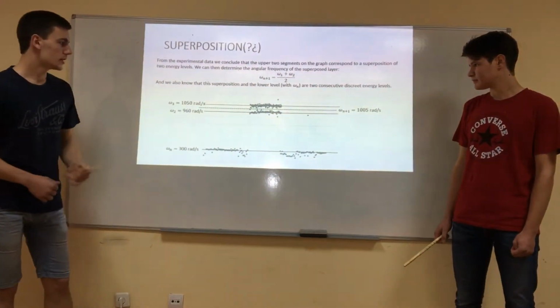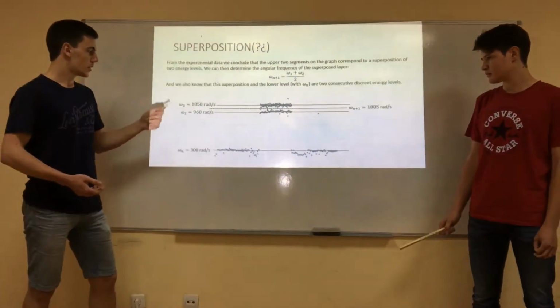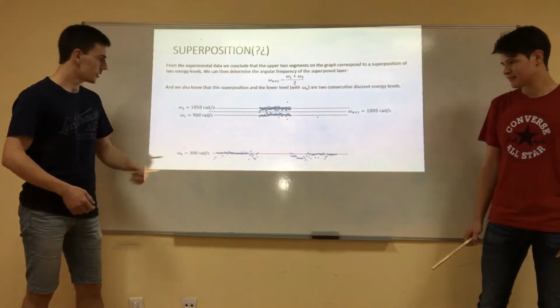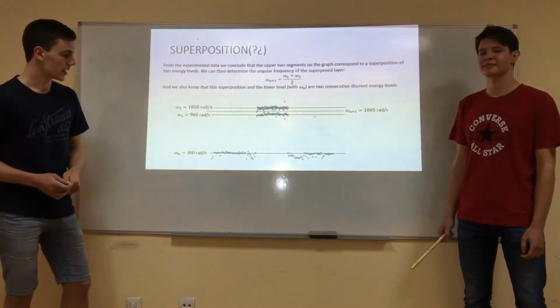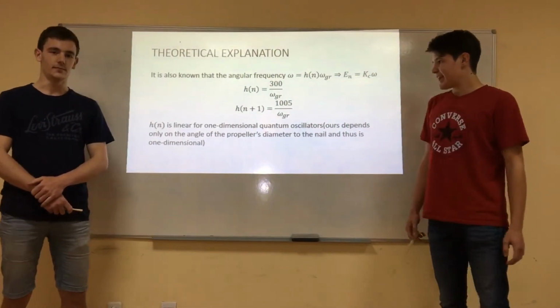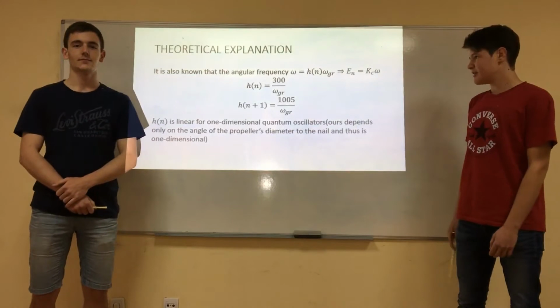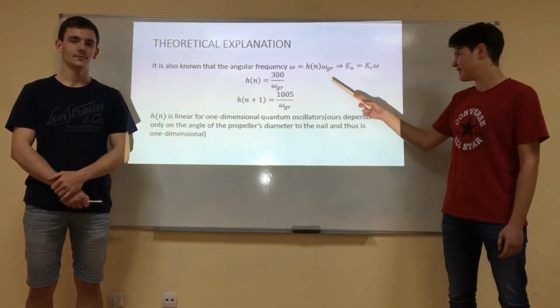And we also know that this superposition and the lower level, with omega n, are two consecutive discrete energy levels. So, it is also known that the angular frequency of such an oscillator depends on the ground angular frequency and the function h as a function of n.